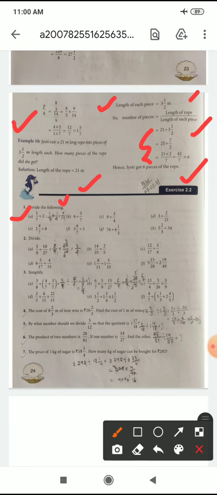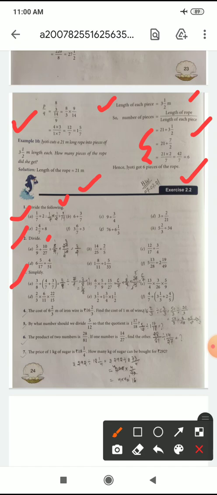Number 2, here 2 fractions are there. Follow the example. For the second fraction, you find out the reciprocal first, then you divide. Number 3 is simplify. A bit I have already done. First you solve the addition part, then you divide. B bit, you see multiplication and division is given.